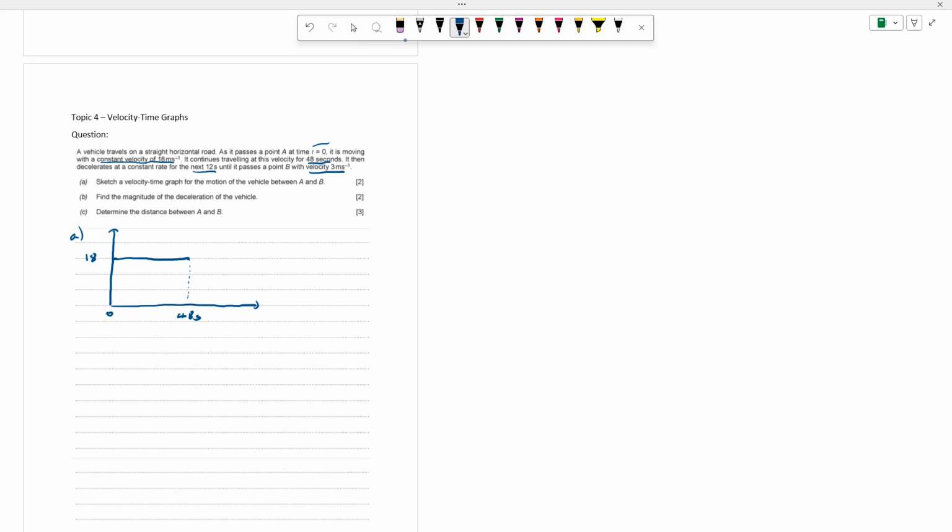It's then going to decelerate, so that's a line going down for another 12 seconds, until 60 seconds, until it reaches a velocity of 3. So it comes straight down until it hits a velocity of 3. There are my key points. I don't need to do anything more. Let's just label things: velocity in meters a second, and time in seconds.